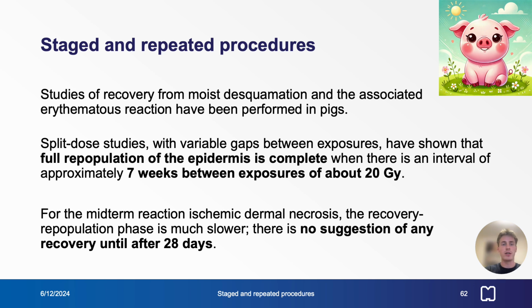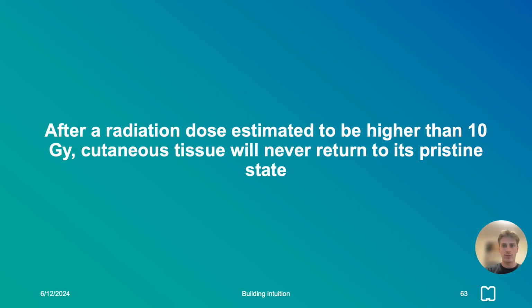There's no suggestion of any recovery until after at least 28 days. We should have it etched in our minds that after a radiation dose estimated to be higher than 10 gray, cutaneous tissue will never return to its pristine state.